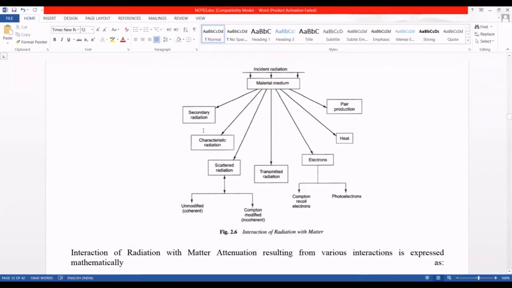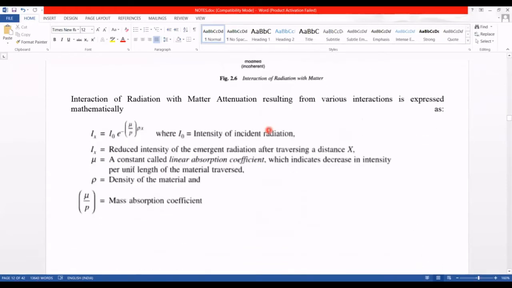Here we have secondary radiation, characteristic radiation, scattered radiation, transmitted radiation, electrons, heat and fire production. All these things happen while the radiation is interacting with the material. I will explain all these things. Now see this. Already I told you the intensity of radiation is decreased while interacting with the material.